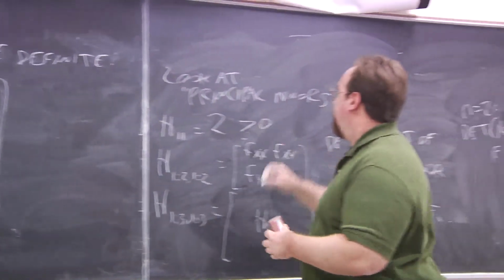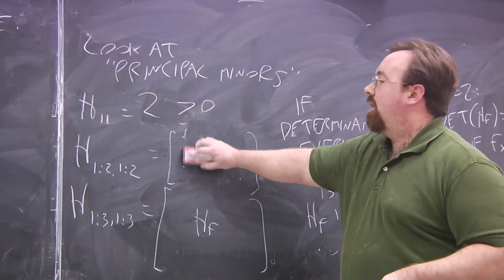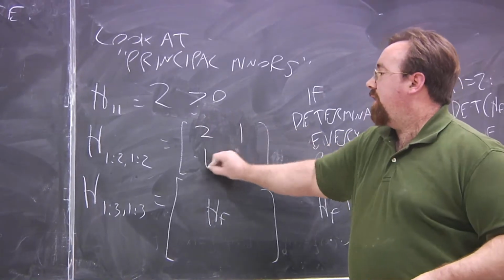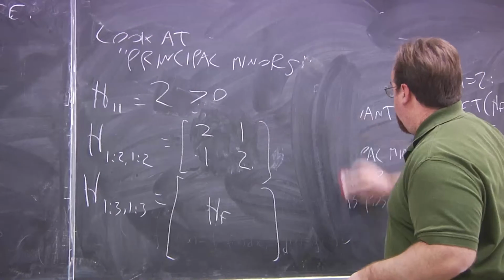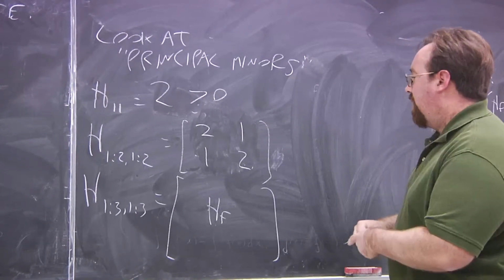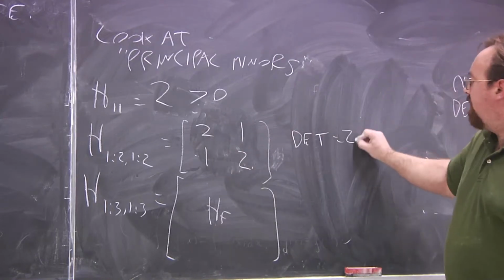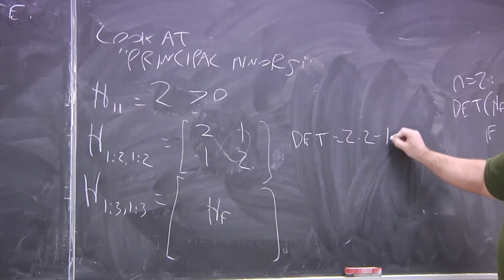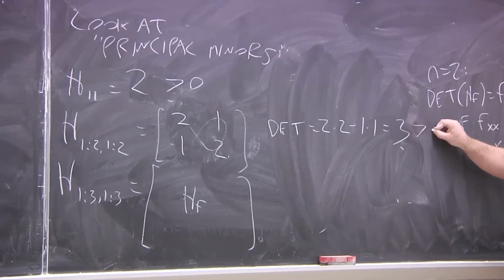Okay, that's positive. Then the next one is going to be the upper 2 by 2 block. So the determinant is going to be 2 times 2 minus 1 times 1. So that's equal to 3. All right, so that's positive also.